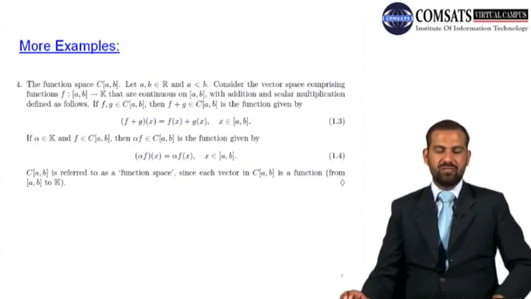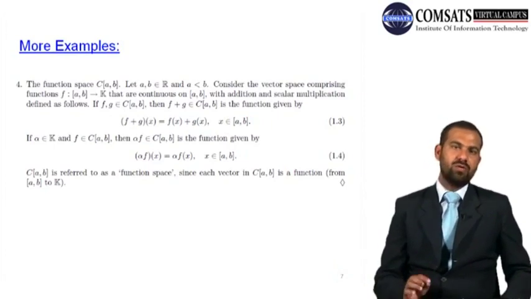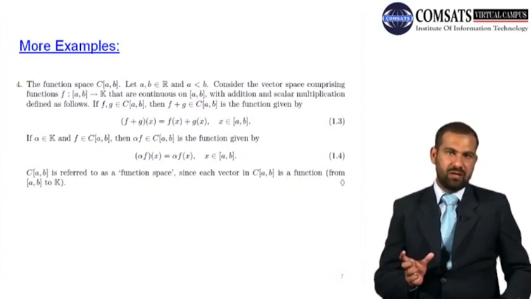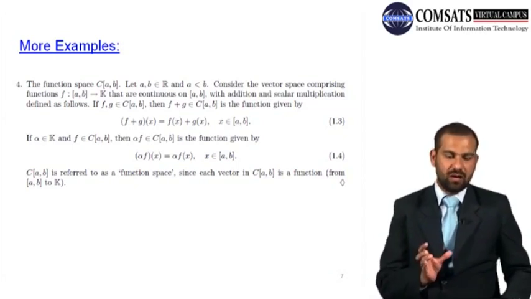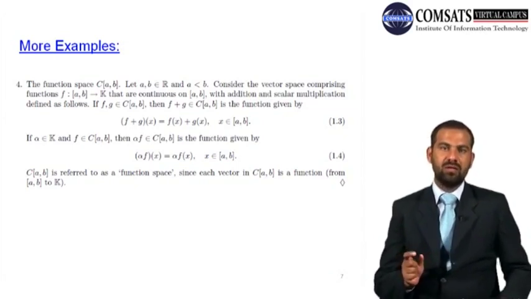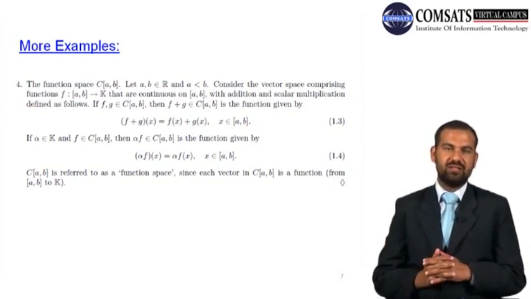Now the next one is the space of functions C[a,b], on the closed interval [a,b]. It's the space of all continuous functions defined on the closed interval [a,b], where a is strictly less than b.